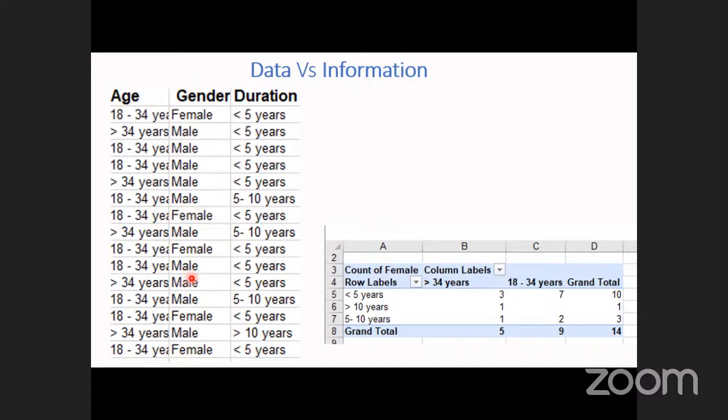Maybe we should be able to see that looking at the variable age, we tend to have more persons within the age group 18 to 35. How do we do that? We can just simply count. When we start counting, we see the information emerging. You're already analyzing, you're already extracting meaning from that data just by counting. Maybe look at gender.